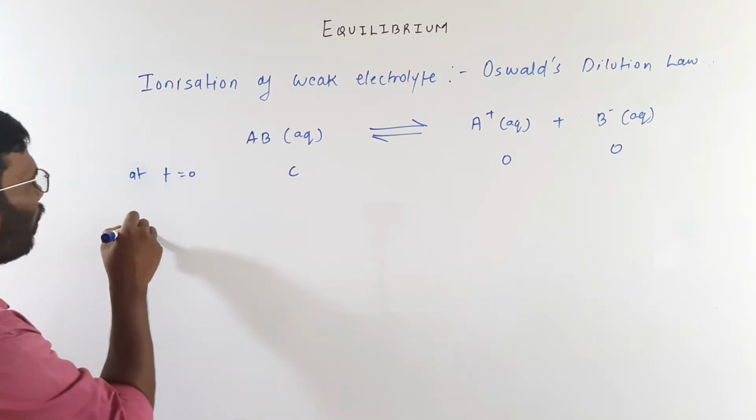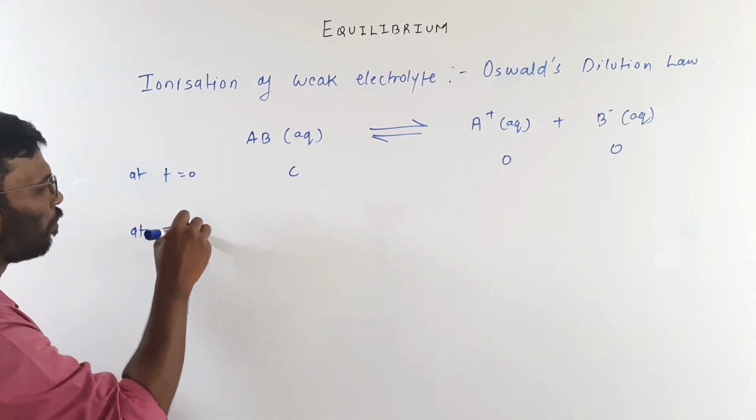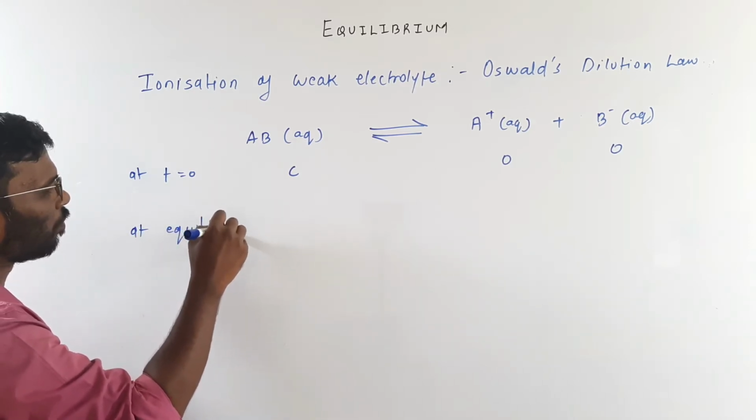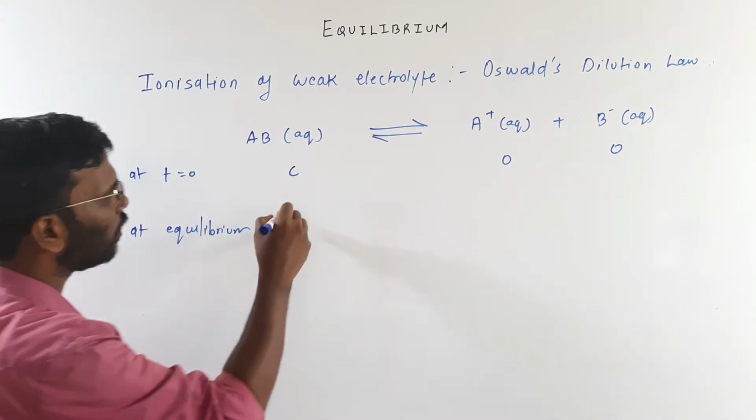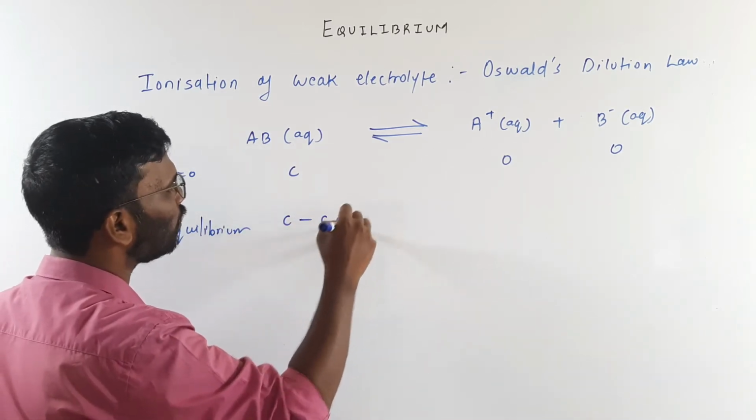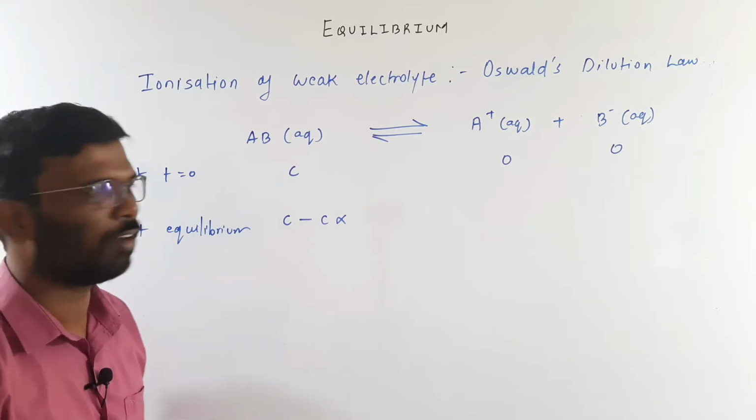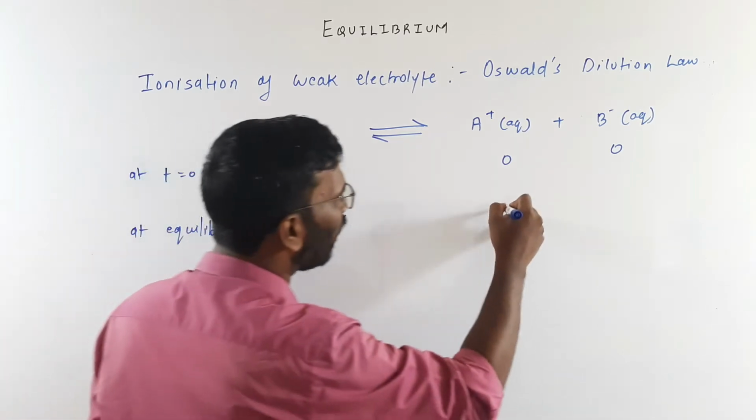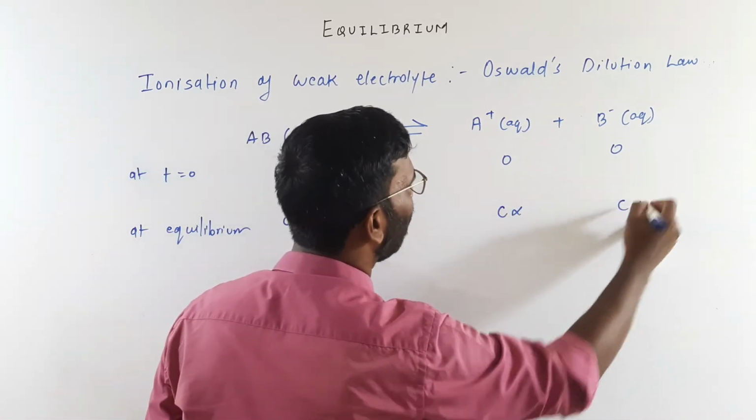Now at equilibrium, what I am writing is C minus C alpha. I have introduced this alpha term, right? And here I will write C alpha and C alpha.